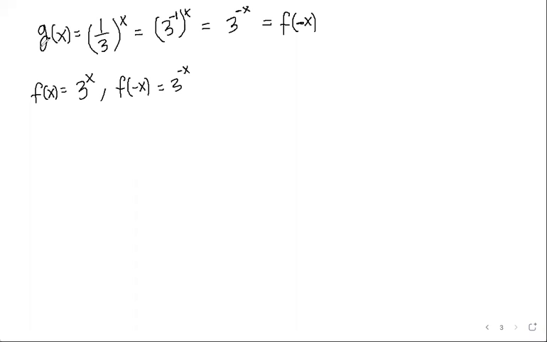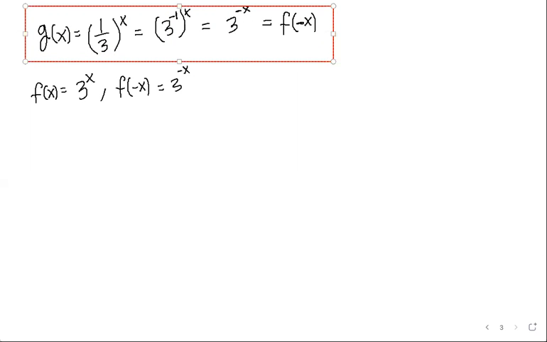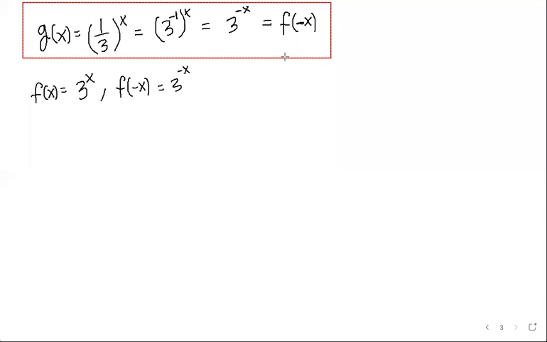This means to graph the function g of x, we need to graph the function f of x, then we reflect it around the y-axis, because the minus is inside the parentheses for the function f of x. Makes sense? Is it clear what I said? Any question?